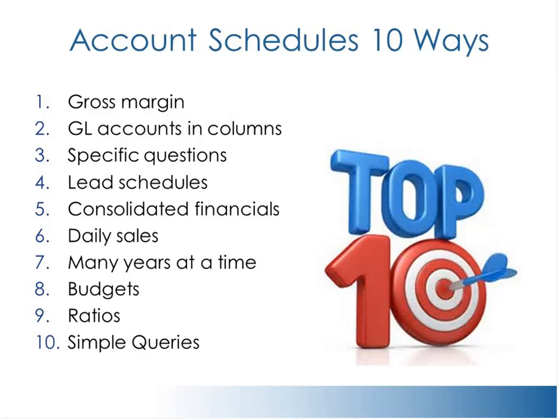So all of those things, because where's that information coming from? It's coming from your general ledger. You can calculate that in your account schedules. So account schedules isn't going to do a whole lot of complicated math for you, but it will do very simple math for you. And of course, calculating ratios works just great as long as you're referencing the correct accounts.